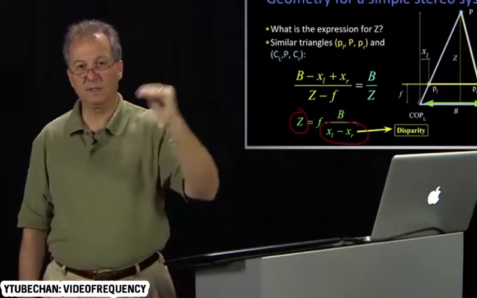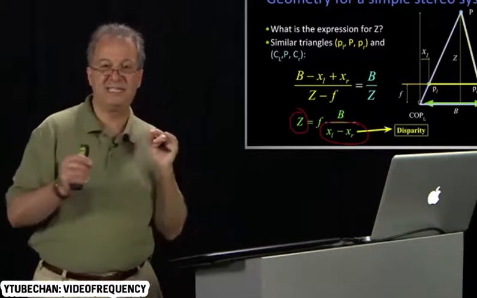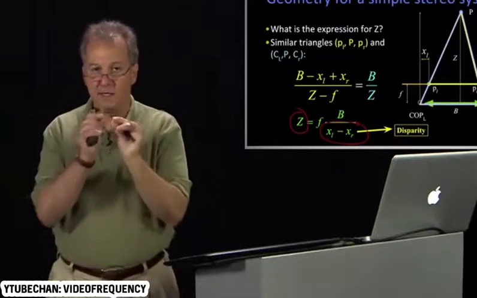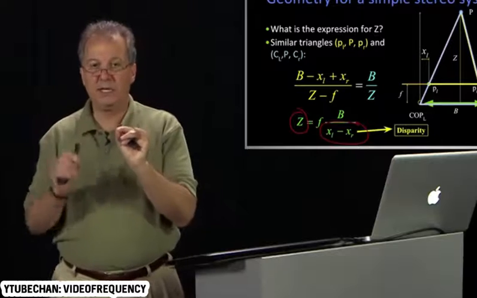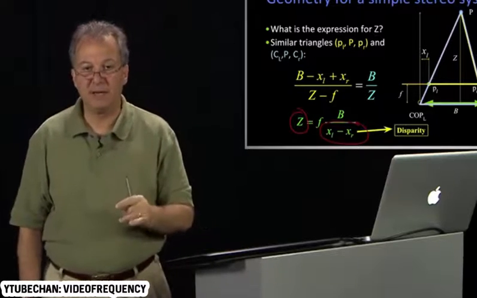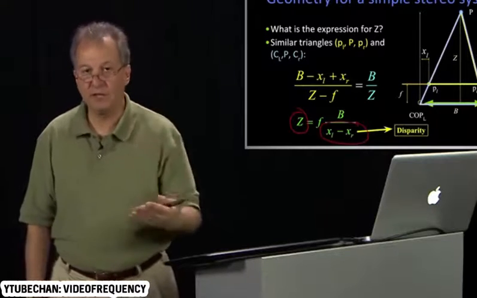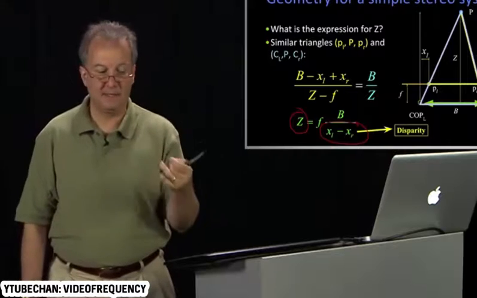Well, remember we had a quiz on this. We talked about how come the moon follows you. Well, the moon follows you because Z is so far away that you get no change in the left and the right. So the disparity is 0, so the depth is what? It's infinite. Okay? And that's the inverse relationship between disparity and depth.